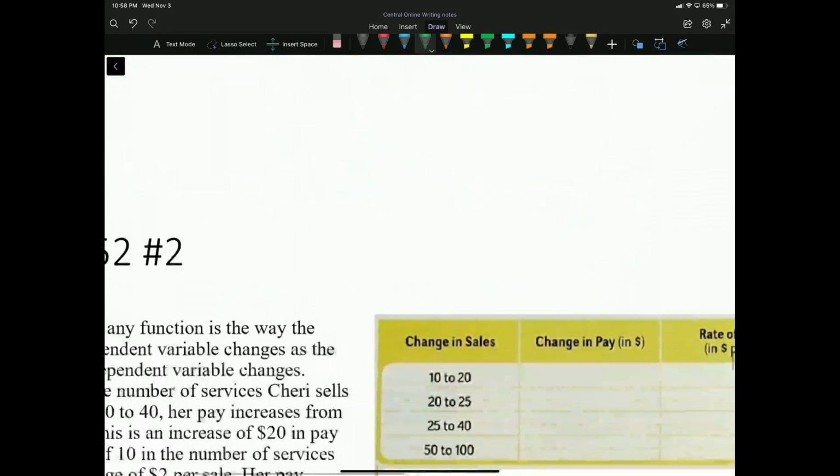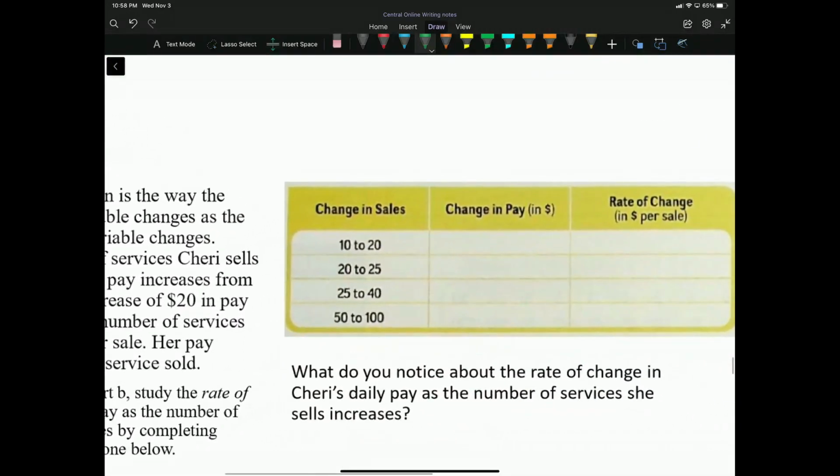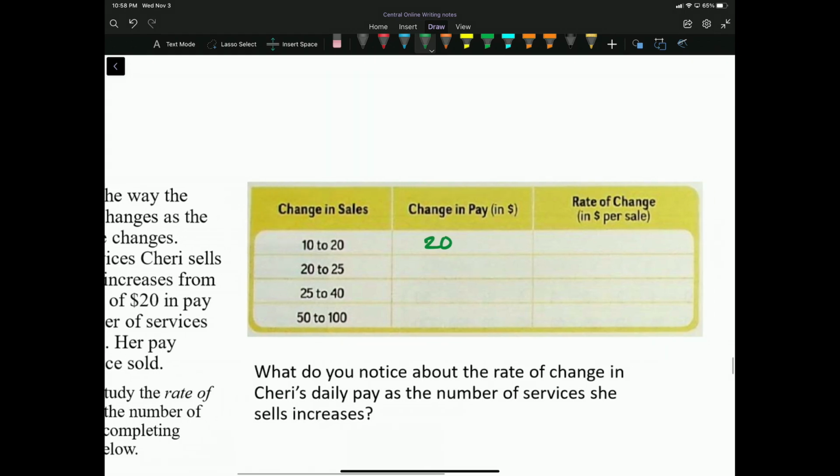That's an increase of $20. So I want you to write $20. If I go and write the rate of change, my change in sales is 10, right? So we can say 20 over 10. That's going to be equal to $2 per sale.